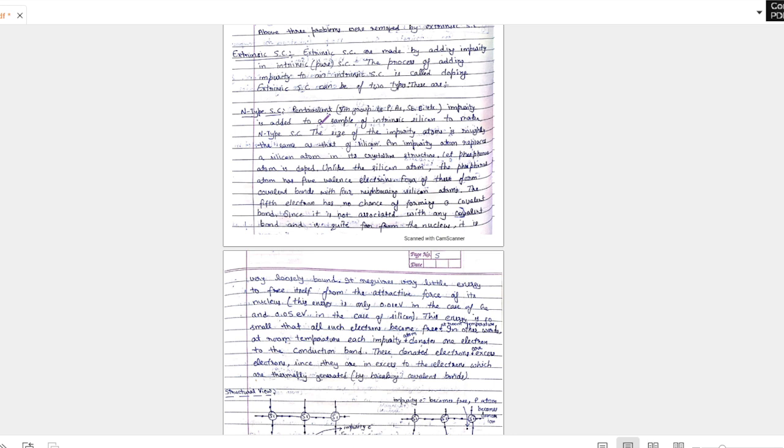Both make covalent bonds. Four electrons go into bonds, but one is still left. Silicon has four bonds, but the added impurity has five electrons.